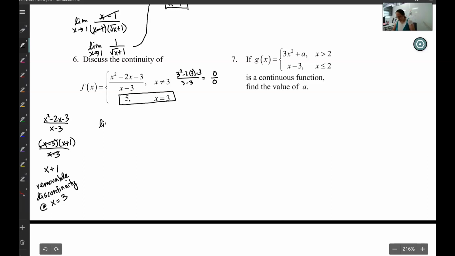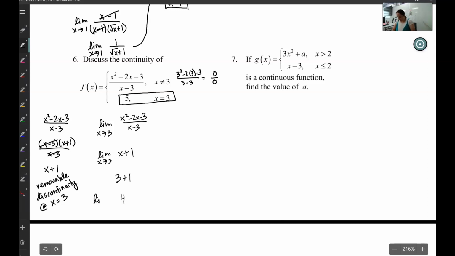So what we need to do is find the limit as x goes to 3 of this function, x squared minus 2x minus 3. So let's use our simplified version. Now I can do direct substitution.